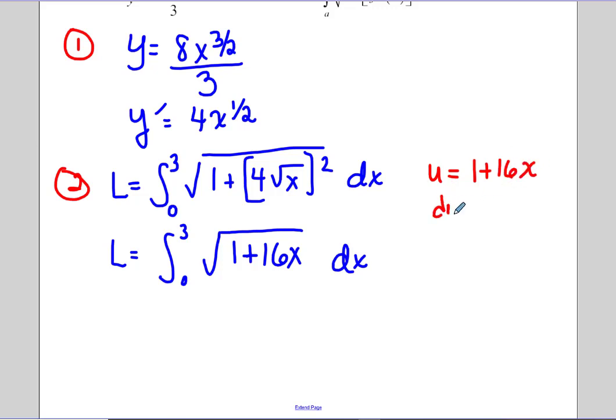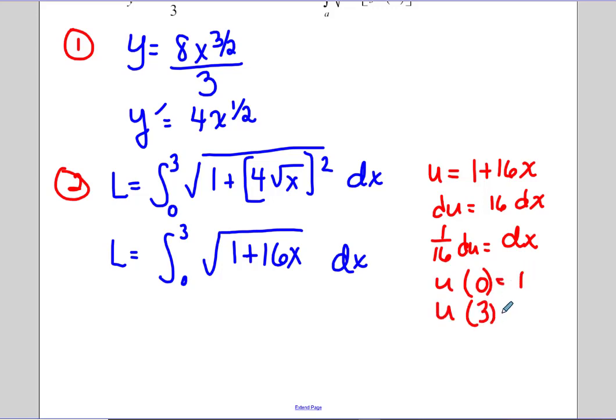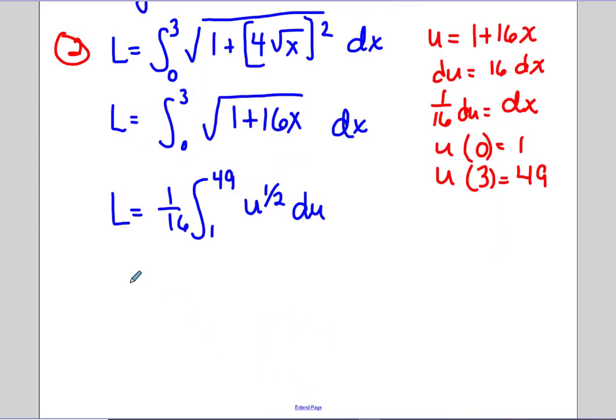So du is 16 dx, and 1/16 du is dx, and then changing our bounds, the u of 0 is 1, and the u of 3 is 49. So we have a new integral, 1/16 from 1 to 49, u to the 1/2 power du.